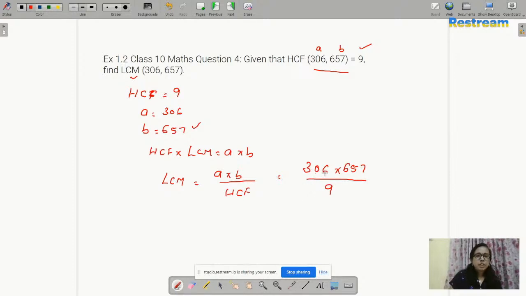See this 306: 9 3s are 27, and 27 plus 3 is equal to 30.